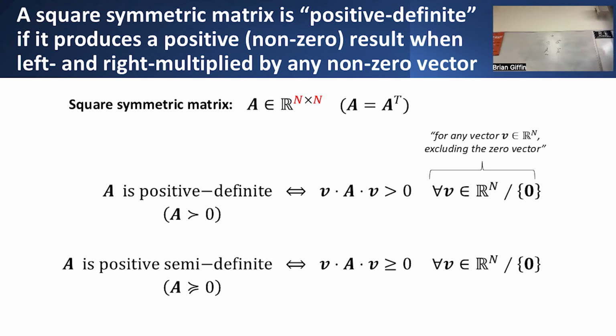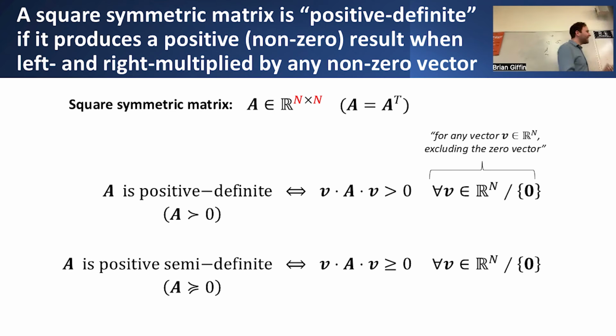Now, this notion of positive definiteness arises by considering what happens if we take this matrix and left and right multiply it by some arbitrarily chosen vector v. After I take the matrix vector product, I'll get a vector, and that vector dot product with the original vector v will give me back a scalar.